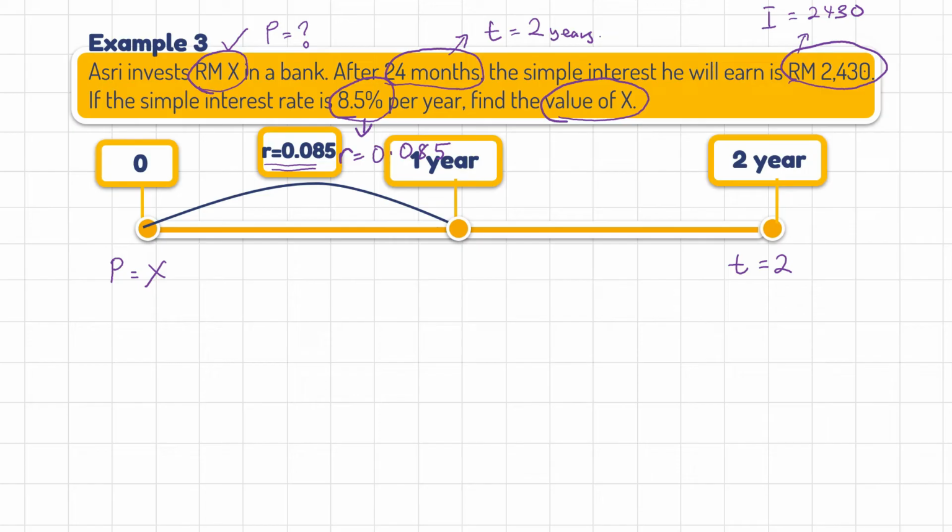Please remember, this is simple interest rate, which means that interest is calculated on the original principal. That's why we just have only one loop from 0 to 1 year. The next information is I equals to 2,430. The formula that we have is I equals to PRT.